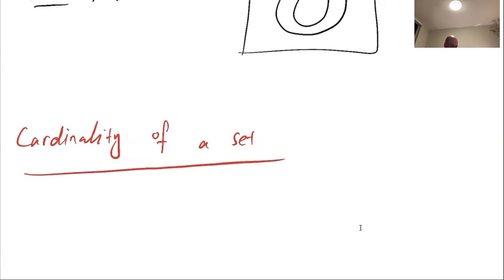Okay, then another notion you want to look at is the cardinality of a set. Basically, cardinality means the number of elements. Now, if A is a finite set, meaning it has finitely many elements, it's very easy to define the cardinality, or number of elements, right? So if A has n elements, naturally we would say that the cardinality of A is n.